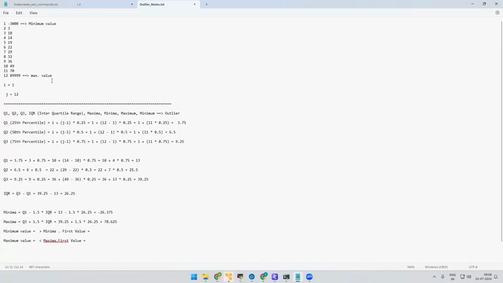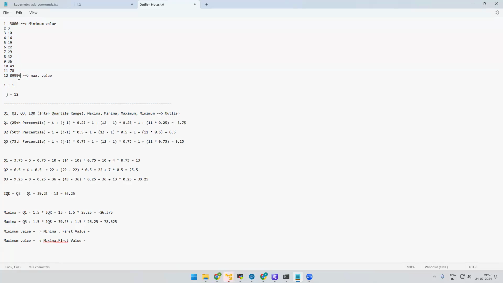But the reason why I said we should not do that is because when we find the minimum and maximum value in a data set after sorting it, we are making an assumption that it does not contain any outliers. Whereas in this case, it may or may not have outliers. So the question is, how do you find outliers and exclude them so that you find the actual minimum and maximum value?